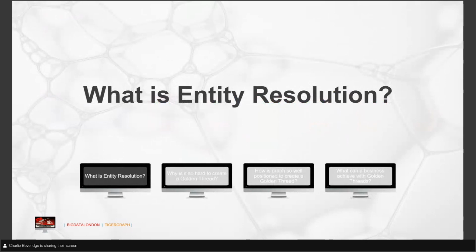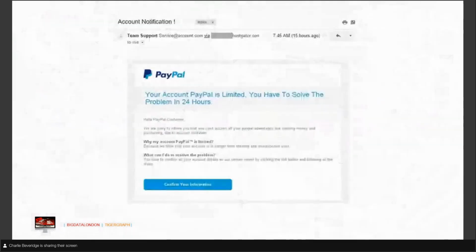So what is entity resolution? Let's start with the entity resolution that we all do on a day-to-day basis. Let's say you receive this email from PayPal. How do you know that it's actually from PayPal? Every time we receive an email fishing for our financial information, we look for indicators that the email is or is not from the same trusted entity that we know.